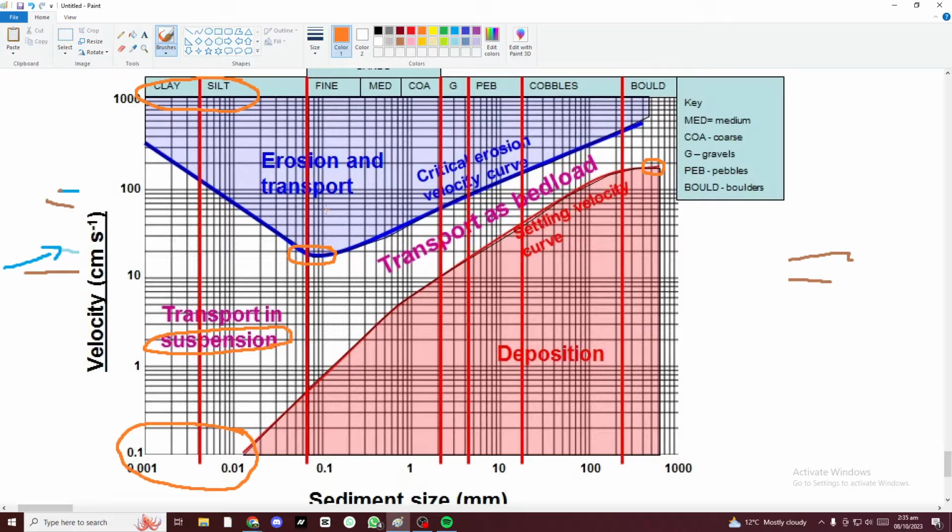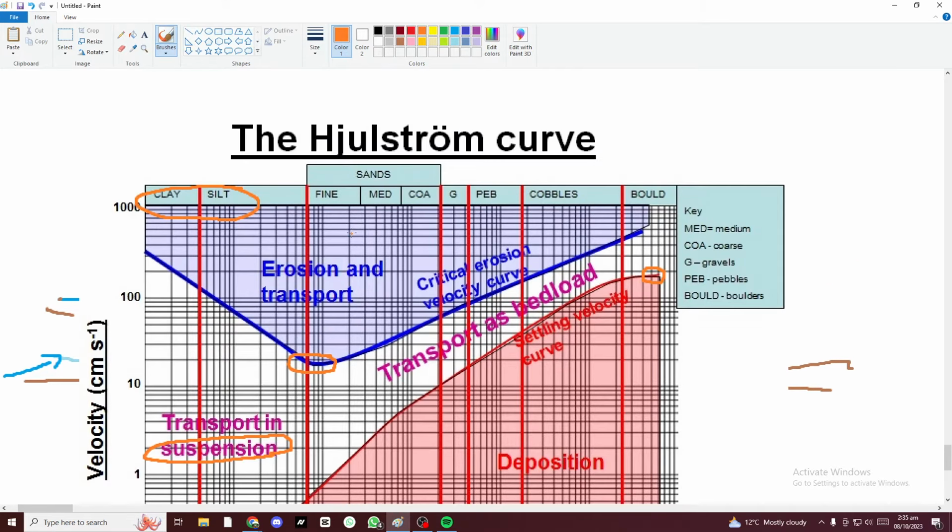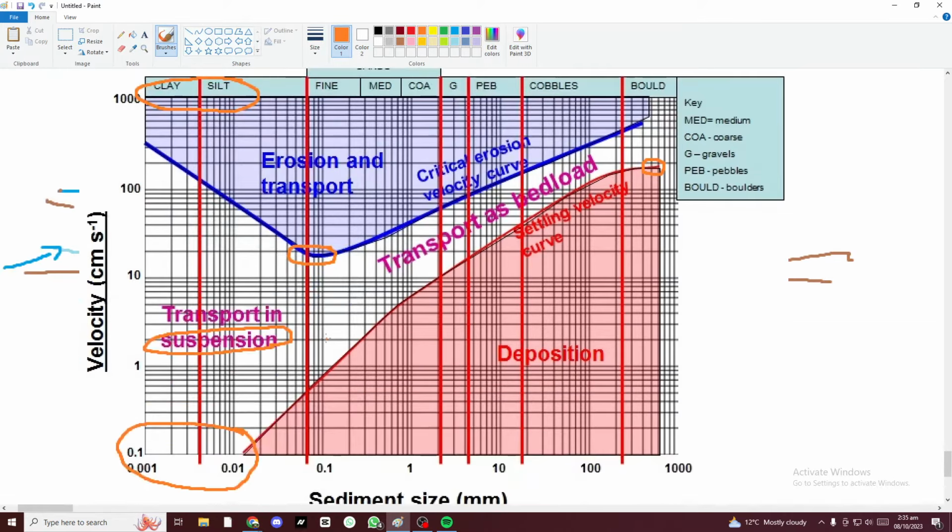Okay, normally they'll ask something like, what is the velocity needed for the erosion of fine sands? Then you would say here.